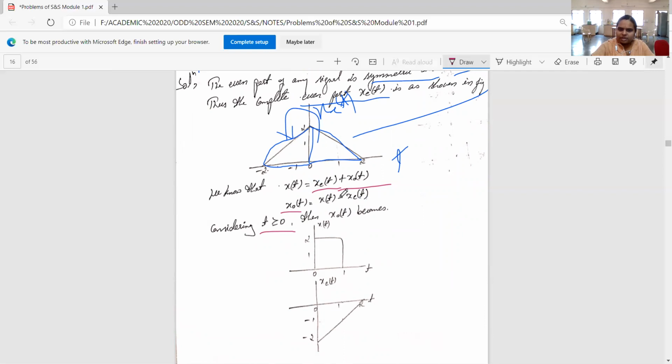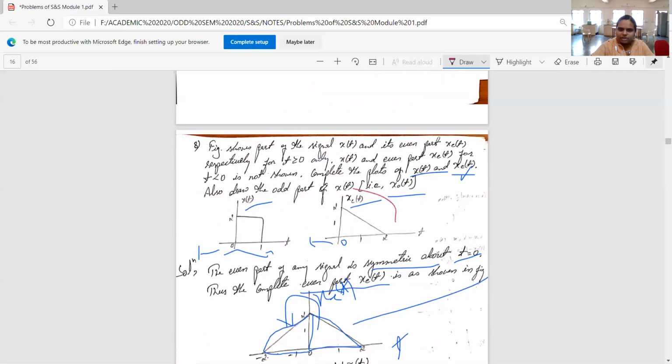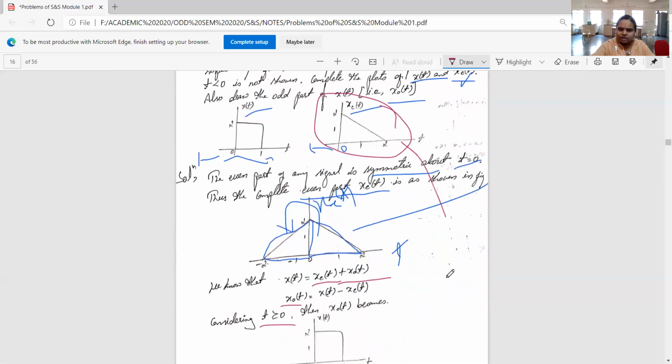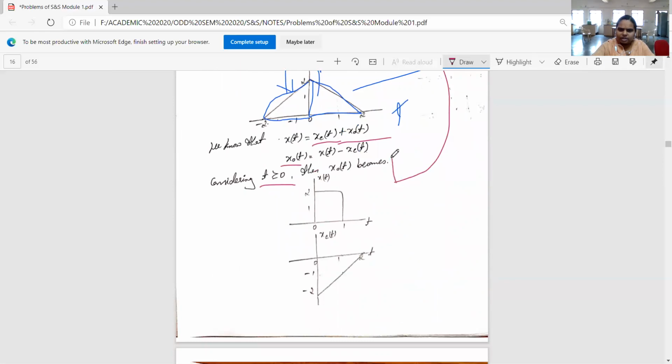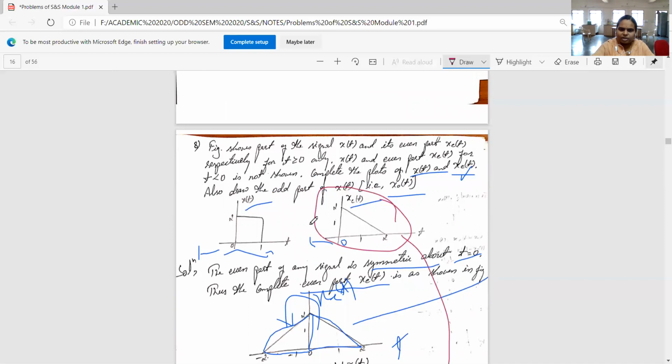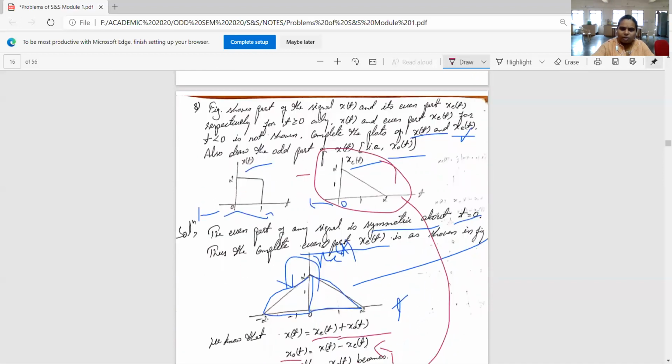For x e of t, I am considering this signal taken here and multiplying it by a negative value. If I multiply the whole signal by minus, the amplitude is multiplied by a negative value, so it will be reflected down.